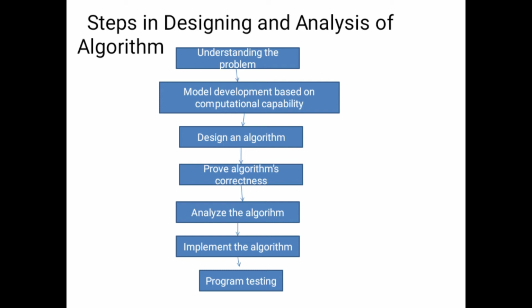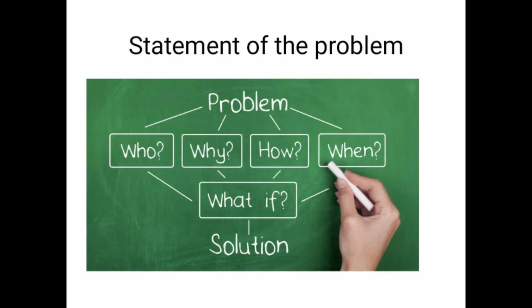First is understanding the problem. When a problem is stated, we have to understand precisely what is the problem to be solved, what is the input and what is the output. It is also very essential to specify the exact range of inputs given to the algorithm.